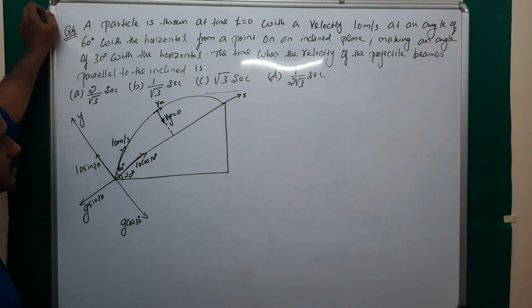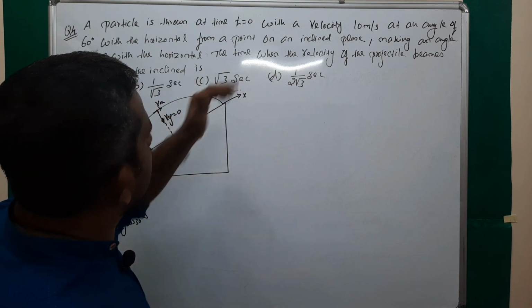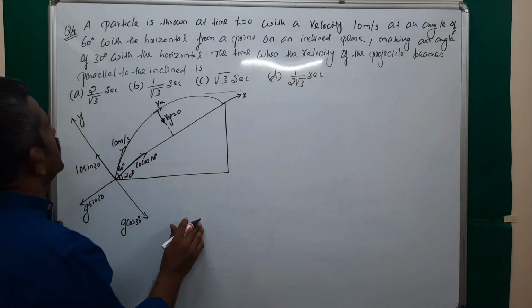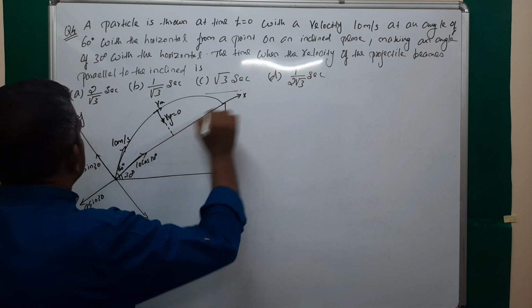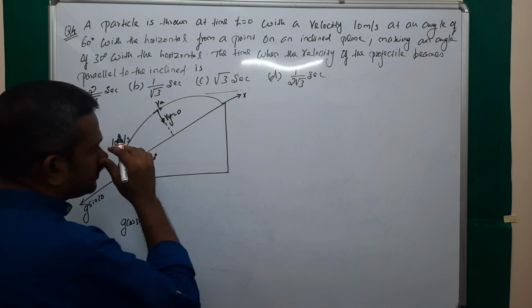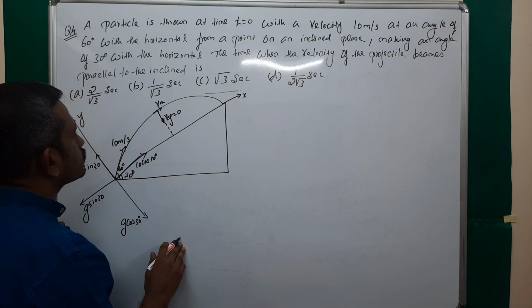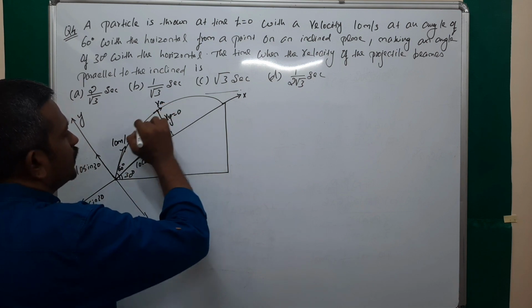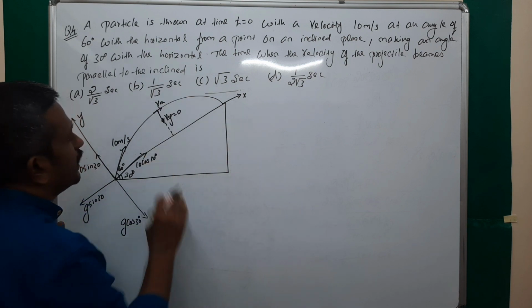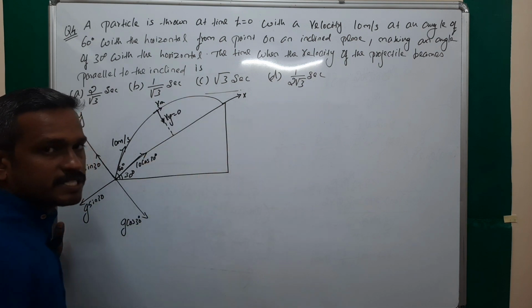So we have to find the time when the velocity of the projectile becomes parallel to the inclined plane. At all other points it has both horizontal and vertical velocity, so the resultant velocity is not parallel.